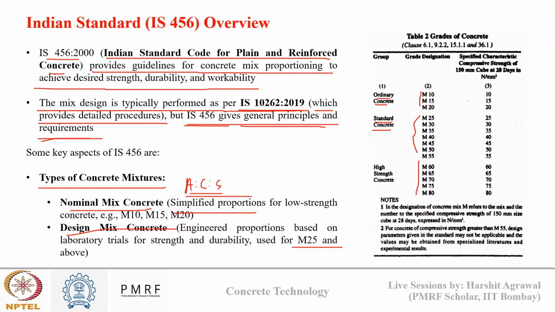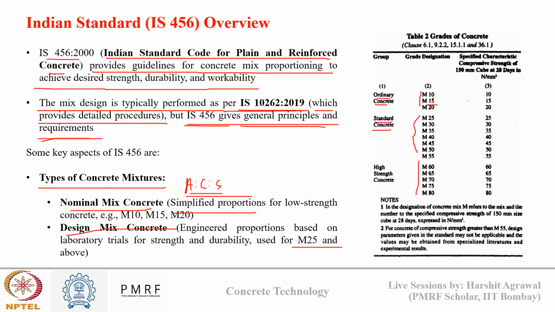If we read the points below, the first point says that here 15, 25, 30 all are values that refer to the compressive strength of 150 mm size cube at 28 days of hydration. So all these values are determined from the compressive strength of 150 mm cubes at 28 days.